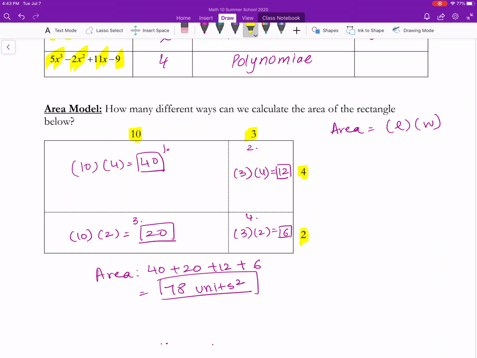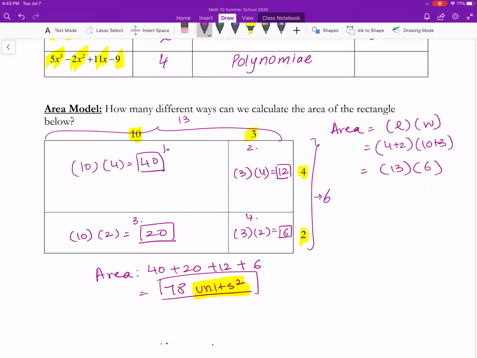Unit square, since I don't know the units, meter, centimeter, millimeter, so we say unit square, and area is always measured in square units. Another way of finding the area of this rectangle is just to multiply the length and the width. If I look here, this length, 4 plus 2, so the total length is 6, and this one, 10 plus 3, so total length is 13, right? So it's 4 plus 2 and 10 plus 3, which is 13 times 6, which is also 78 units square.